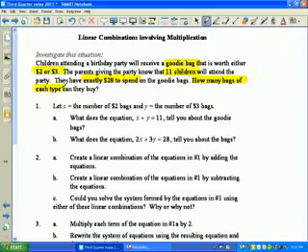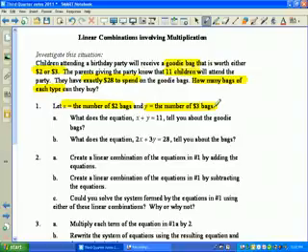So that is the reason why I have two unknowns. There's a $2 bag, there's a $3 bag. My goal is to figure out how many of each type I can get. So they're saying let X represent the $2 bags and Y represent the $3 bags.